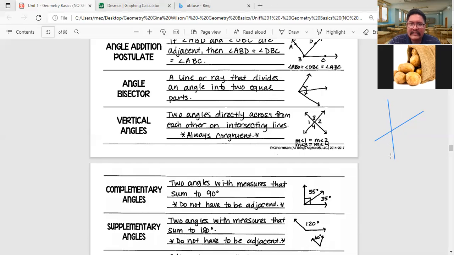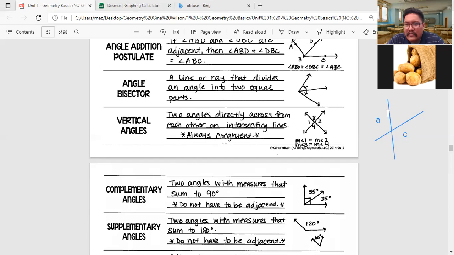So the adjacent angles are not the same. I'll go ahead and call this one here angle A. And then here I would have angle C. So angle A and C would be the same size. And you can kind of tell just by looking at it, they're both kind of larger angles. So again, A and C would be equal to each other.